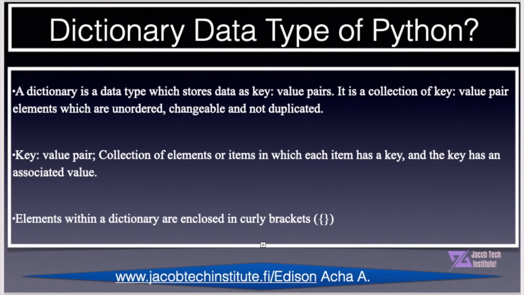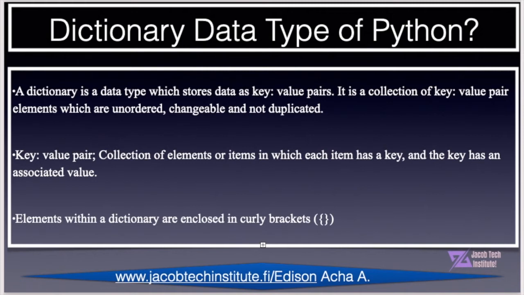A dictionary is a data type in Python which stores data in the form of key value pairs. So it's a collection of key value pair elements which are unordered. They can be changed, but they are not duplicated. So what do we mean by key value pairs?